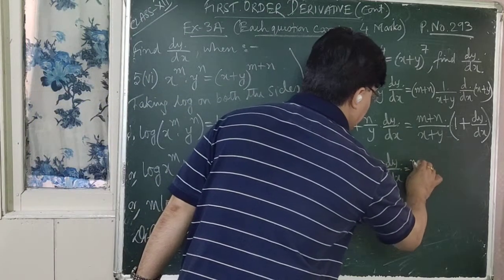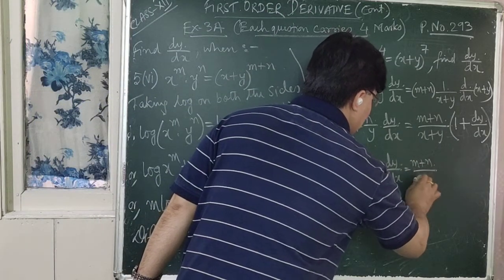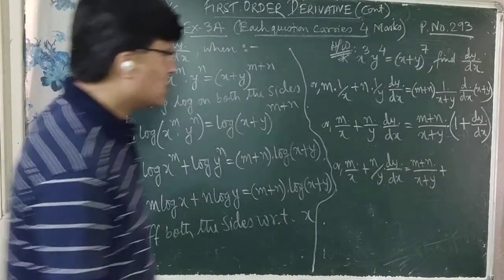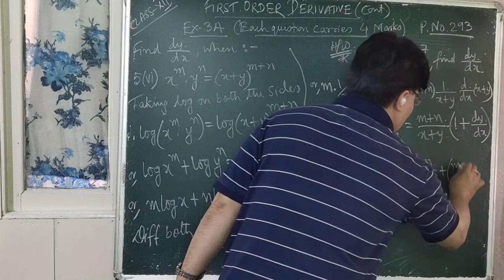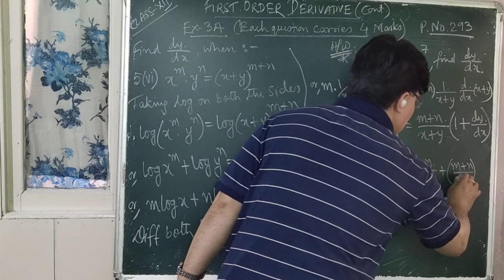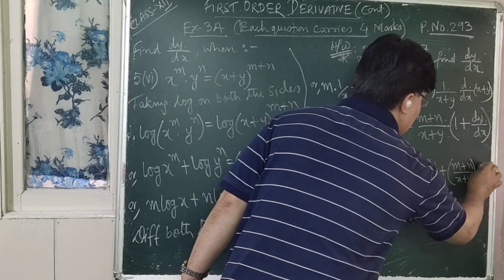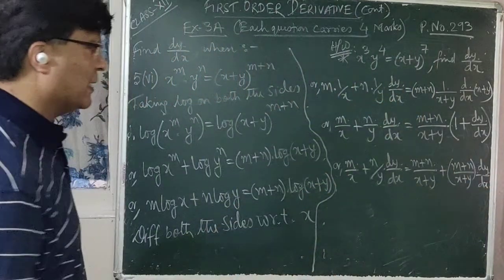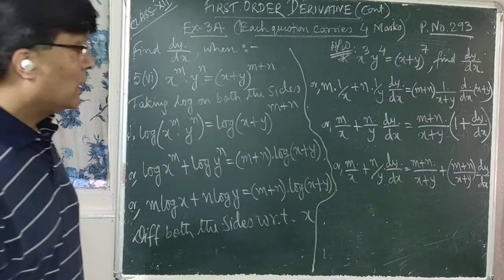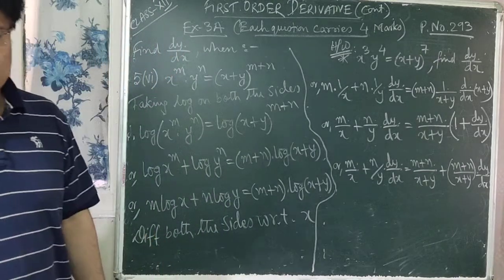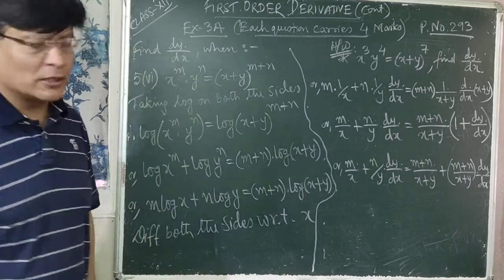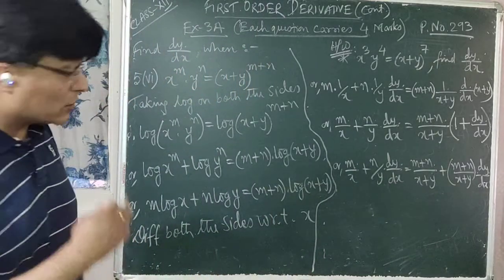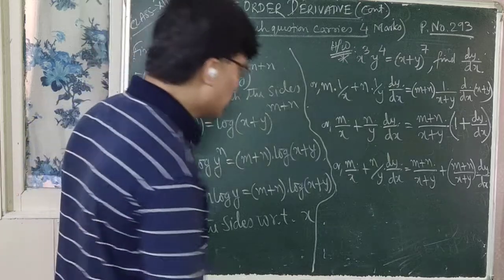So it is n plus n divided by x plus y plus, next it is n plus n divided by x plus y into that is your dy by dx. So it is multiplied, right? So now next step, in the next step again you have to solve for dy by dx. Keep the terms containing dy by dx on the left hand side and all of the terms which are free from dy by dx on the right hand side.